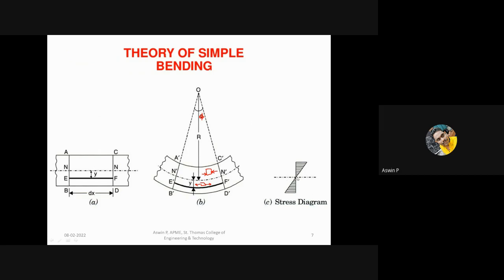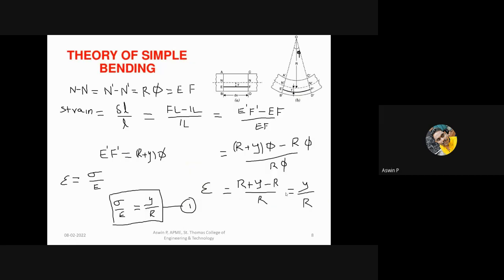So at the neutral axis Y will be 0, so stress will obviously be 0. When Y increases, automatically stress increases, and at the top as well as at the bottom, the maximum stress occurs. So from this relation you can understand that.